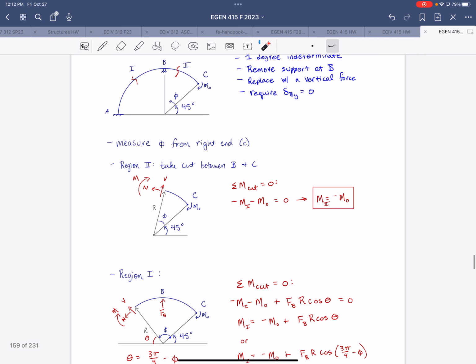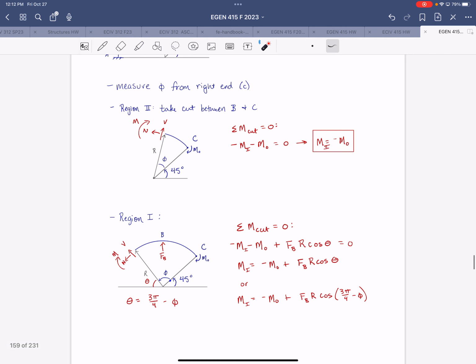And then in region 1, you have the force at B to include in your moment calculation. That one is going to vary with respect to the angle. This example also features a variable change, done for convenience.